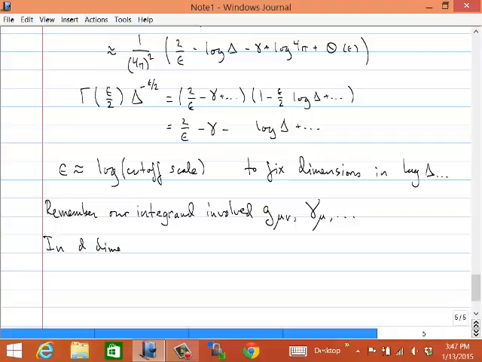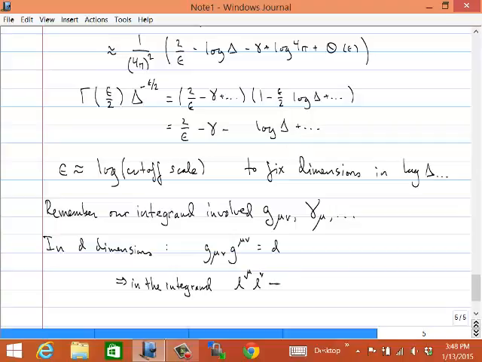Now, if we study the theory in d dimensions, then you need to use the fact that the properties of the metric and the gamma matrices and so forth depend on what dimension you're in. So, for example, the trace of the metric is equal to d rather than 4 in d dimensions. So that means that in our integrands, we replaced L mu nu by 1/4 g mu nu times L squared.